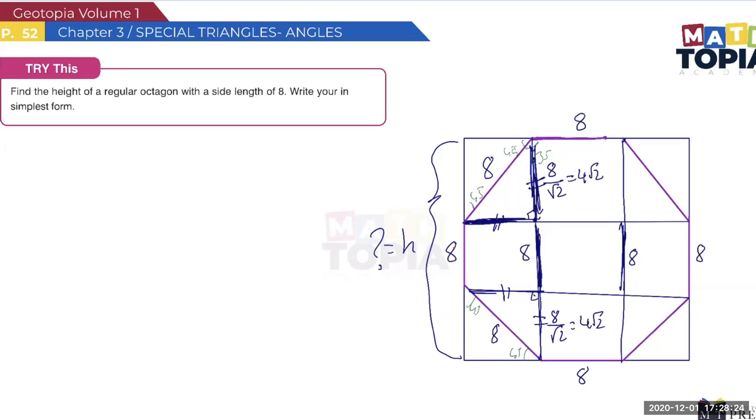Then when we add these 3 pieces, 1, 2, 3, we get 4 root 2 plus 8 plus 4 root 2. That's the height of this regular octagon with a side length of 8. That is understandable.